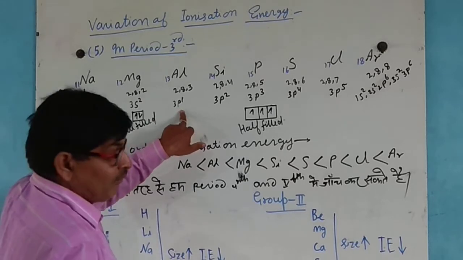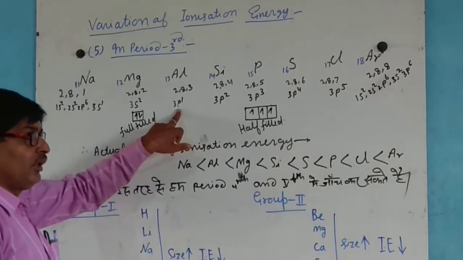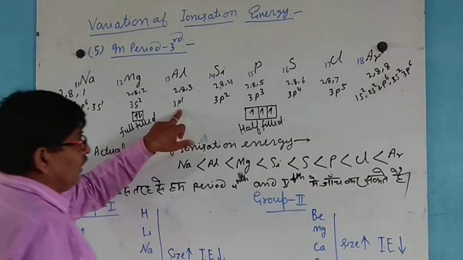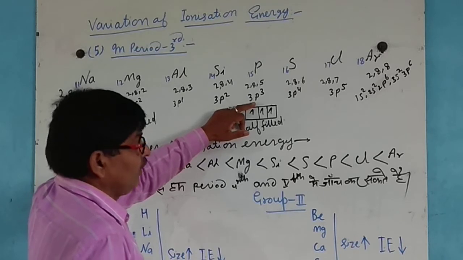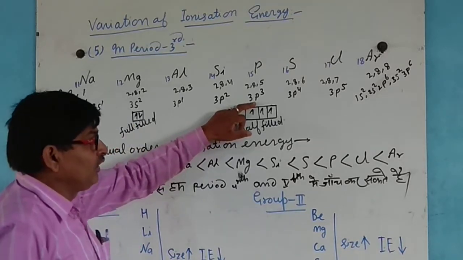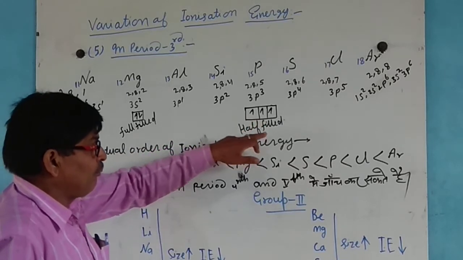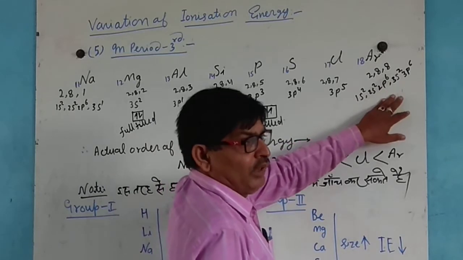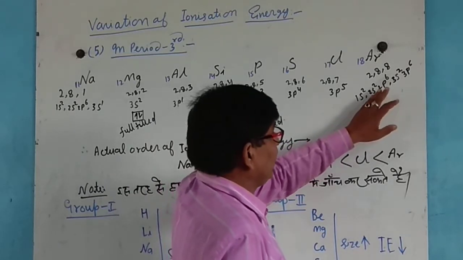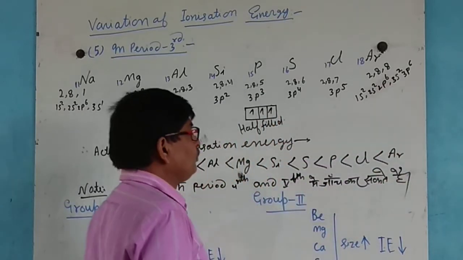This is half filled because the capacity of the p orbital is 6 and there are only 3 electrons. This is partially filled, this is fully filled, so the ionization energy of this is greater also.